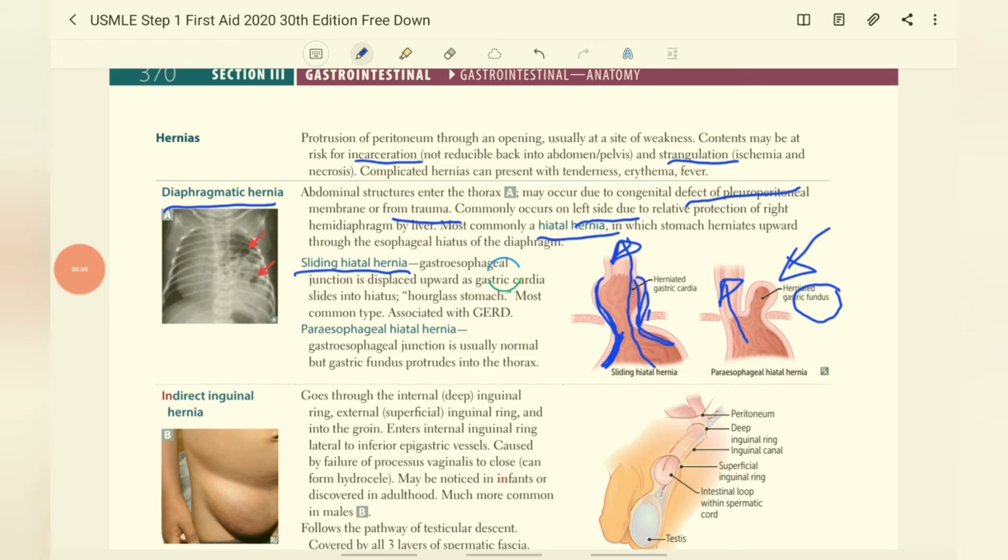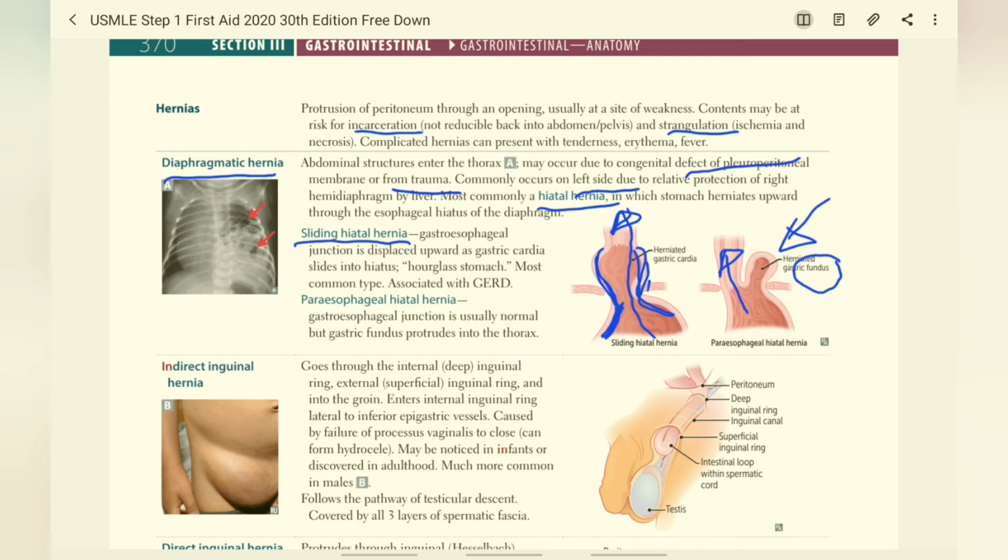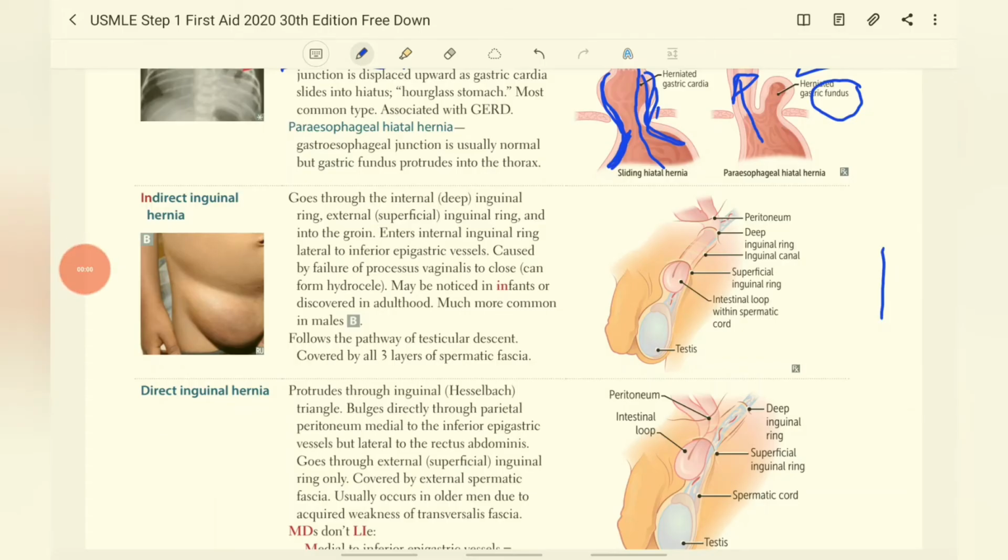In the case of the indirect inguinal hernia, the intestinal loop will be herniating through the same space that the spermatic cord moves through. It moves through the deep inguinal ring, like here, and then it passes through the superficial inguinal ring over here, lateral to the inferior epigastric vessels.